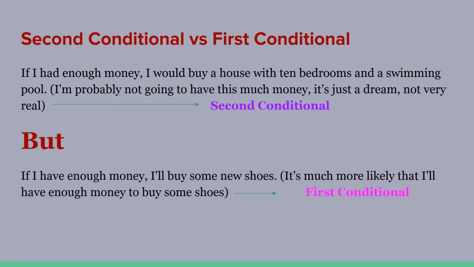But if I say, if I have enough money, I will buy you some new shoes. In this example, we use first conditional because it's much more likely that I will have enough money in the future. Again, this is a possibility to buy you some new shoes.